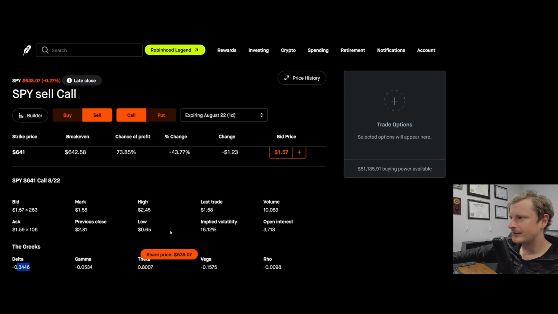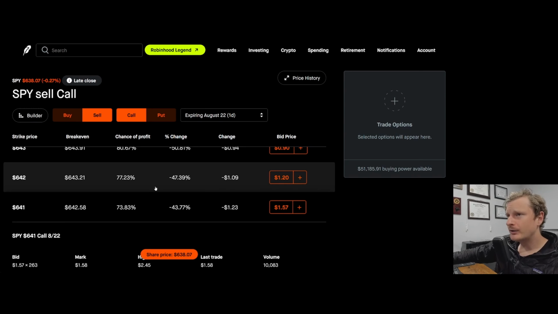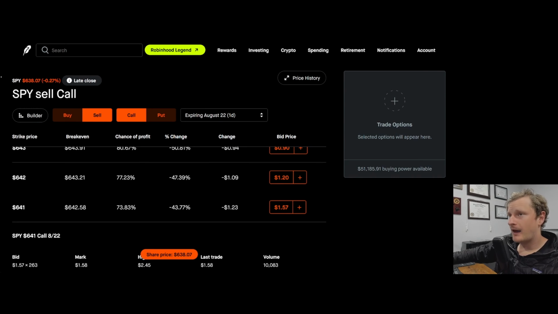Nice 0.34 delta. It also depends on what the market gives us tomorrow morning. The market is relatively neutral to red. I'm probably going to hit this Friday expiration on August 22nd. If the market is green, I'll just go back to my daily, and then hopefully it'll get closer to my cost basis, and then I can run a covered call so I can capture a little bit more premium. So that's really it for the SPY.